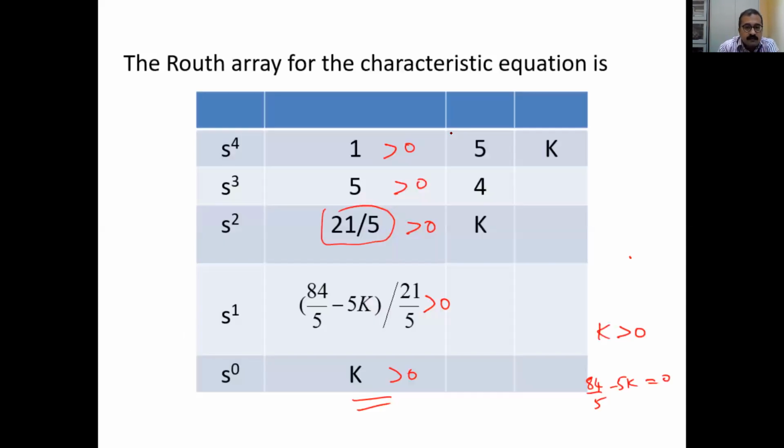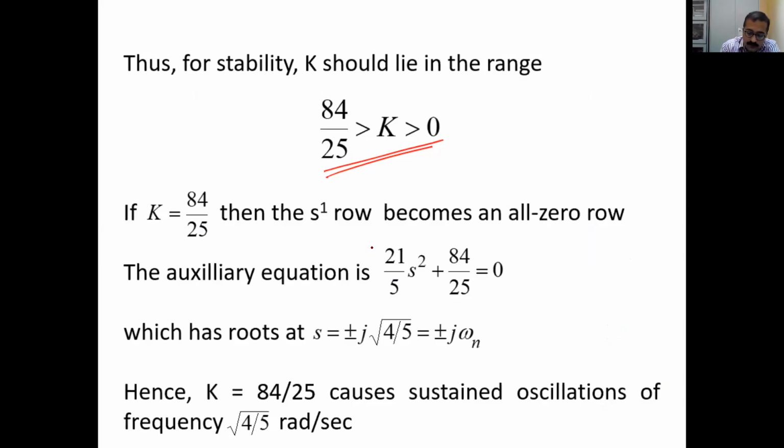Now one question. What happens if K is equal to 84 by 25? Then the S1 row becomes 0. Means what? There will be two poles symmetrically located about the origin of the S-plane, on the imaginary axis.